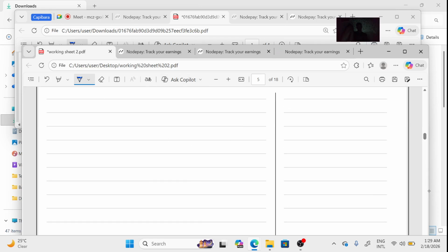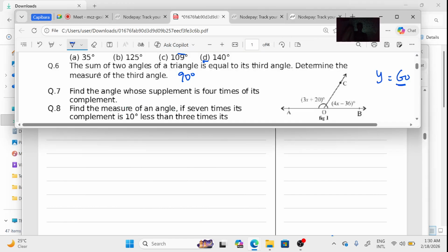Okay, so what do they mean? Let the angle be x degrees. They're telling you to find the angle whose supplement is... The supplement of x is what?